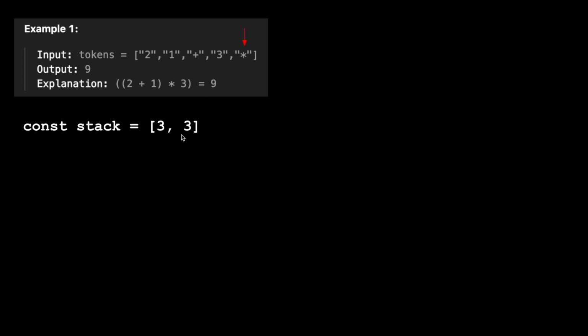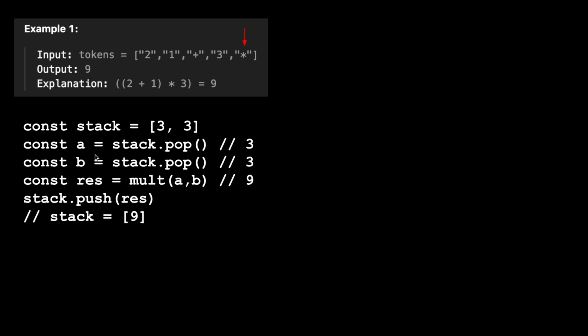And then we encounter another operation, that's a multiplication. So what do we do? We are going to have to pop it twice, right? We're popping the 3, that value is 3, we're popping it again for variable B, and that is also 3. And we pass the A and B variables into a multiplication function. And that result is going to be 9, and we push that into the stack. And then we can return just the first value of the stack, and that is going to be 9.